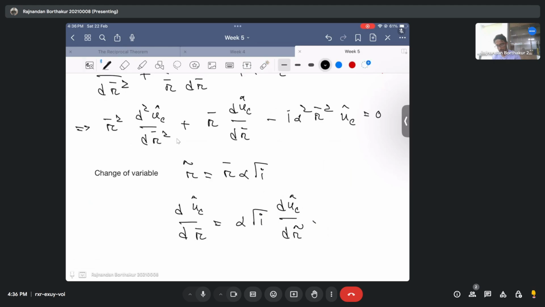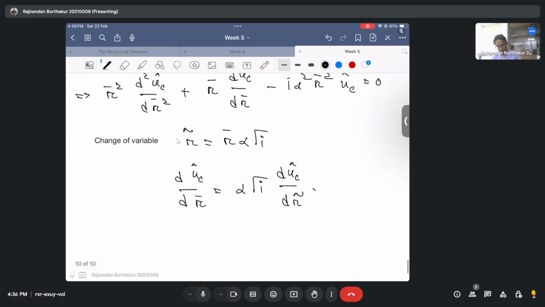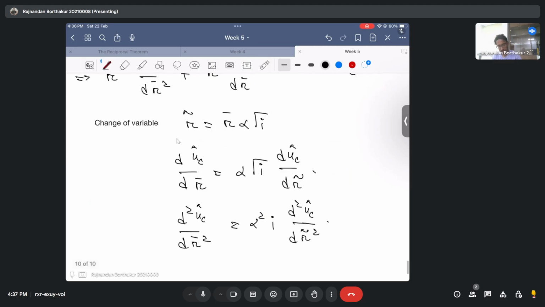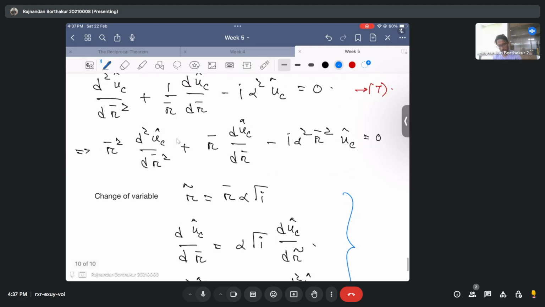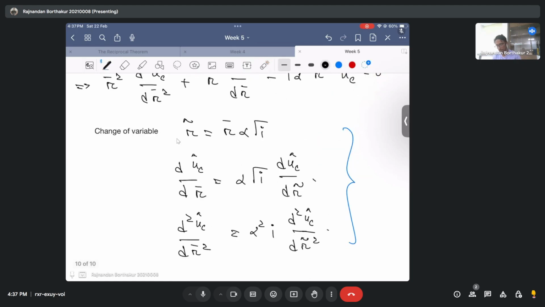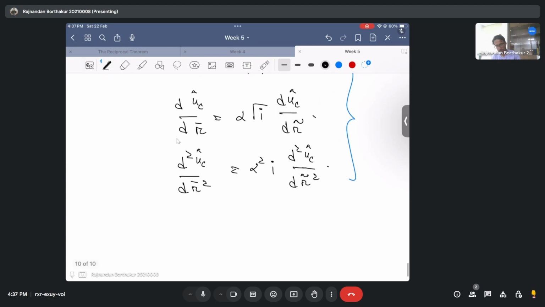Similarly, I can write the second derivative d2 UC hat by dR bar squared as alpha squared i times d2 UC hat by dR tilde squared. And then if I substitute this form into this equation, I end up getting an equation for R tilde. You can do this substitution; I have already done it, so I'll just write it down.